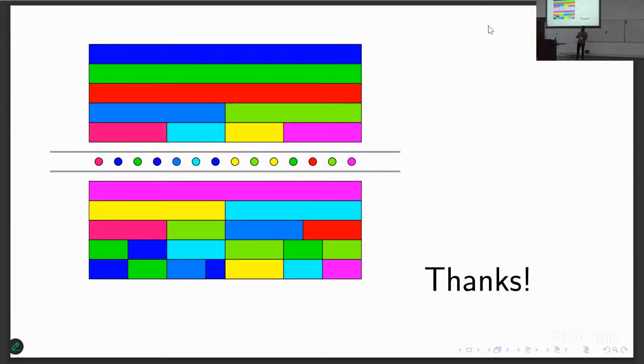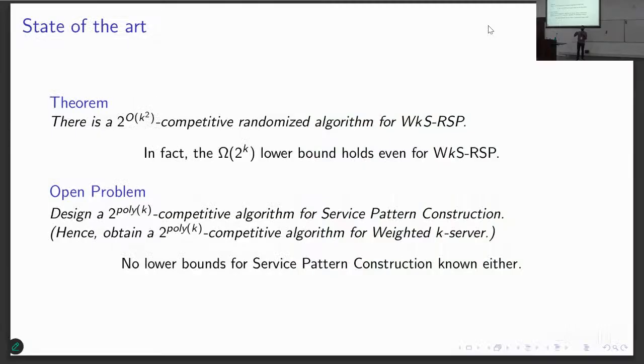For the exponential upper bound, you mean? No, I'm just generally asking, is that the road you travel, or do you use completely different ideas? There is a deterministic algorithm using the work function that is exponentially competitive, but there is nothing known for randomized bounds, and that's already done by Bansal et al.